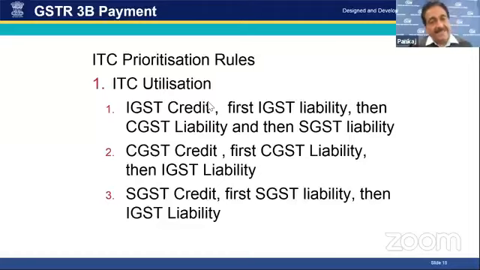And likewise, the CGST balance cannot be availed against the discharge of SGST liability, and the balance lying against the SGST head cannot be utilized for the discharge of liability against the CGST payment.